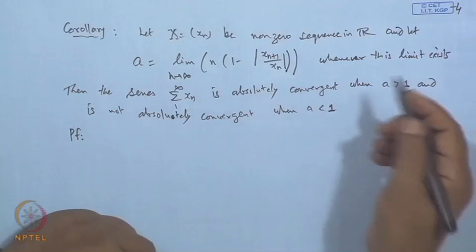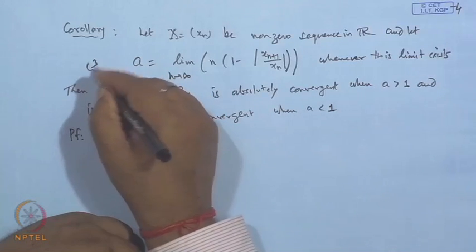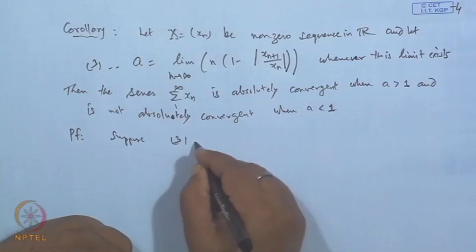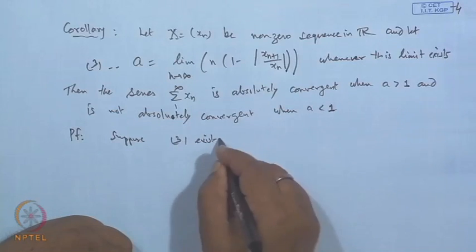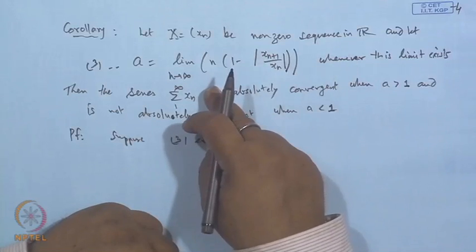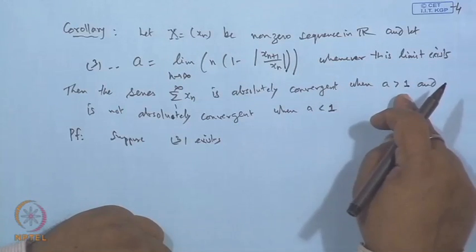Suppose the limit in this, let it be this (3), exists. So, it means the limit of this is A, where A is strictly greater than 1.